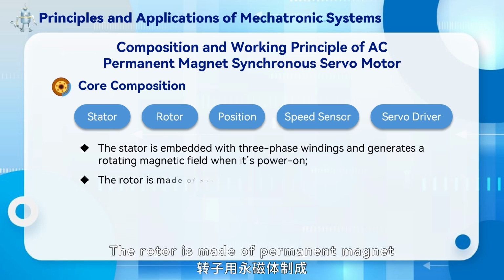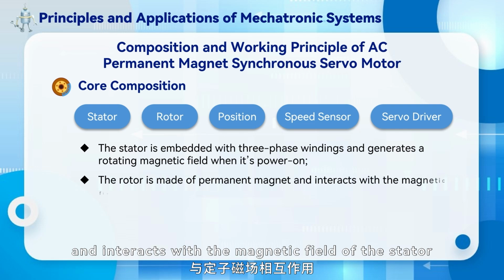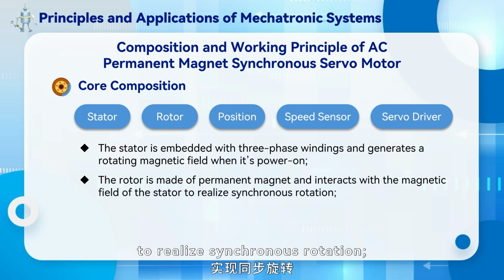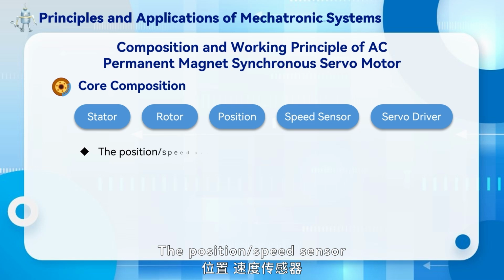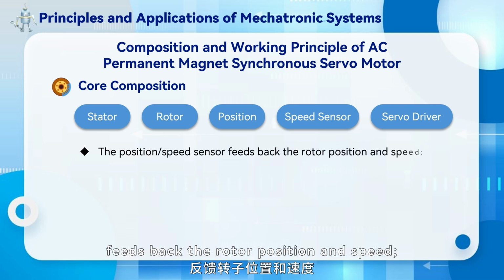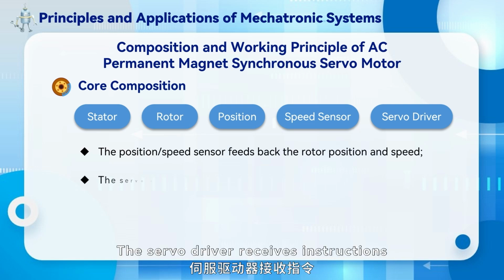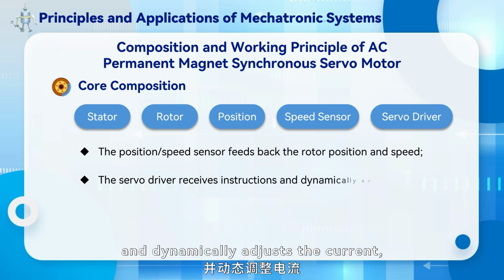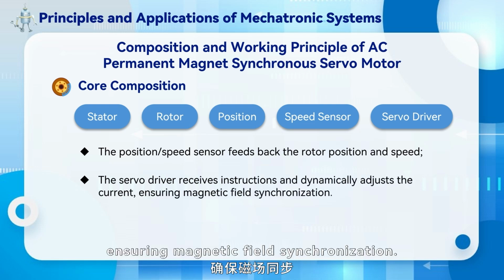The rotor is made of permanent magnet and interacts with the magnetic field of the stator to realize synchronous rotation. The position or speed sensor feeds back the rotor position and speed. The servo driver receives instructions and dynamically adjusts the current, ensuring magnetic field synchronization.